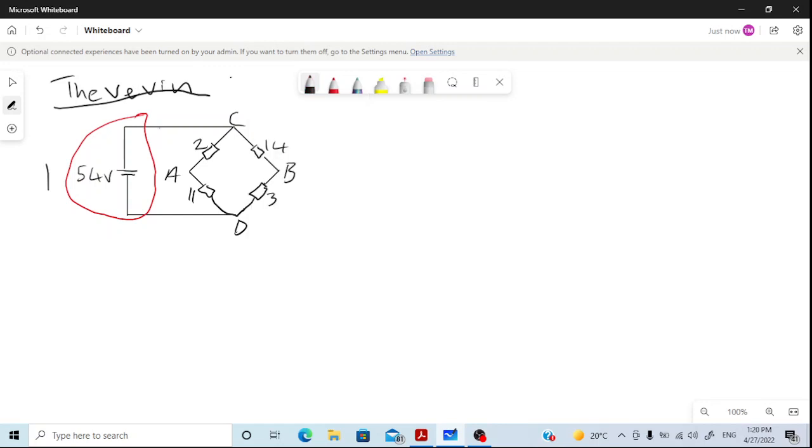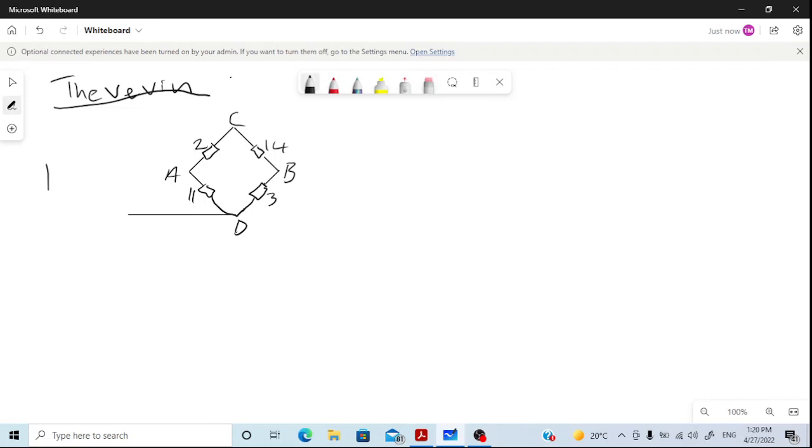So basically you are going to avoid it and put a straight line there. You assume as if this voltage source is not there. So I'm going to erase this part. Okay, let me just redraw it.